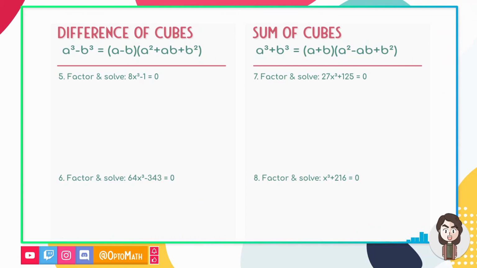So here are the rules for difference of cubes and sum of cubes. As you can see, they start with a minus b for the binomial, and then they have a squared, ab, and b squared for the trinomial. The same terms, just different signs. So for the difference of cubes, your given cubic is a minus, right? It's different. So the sign on the first factor, which is your binomial, is the same sign.